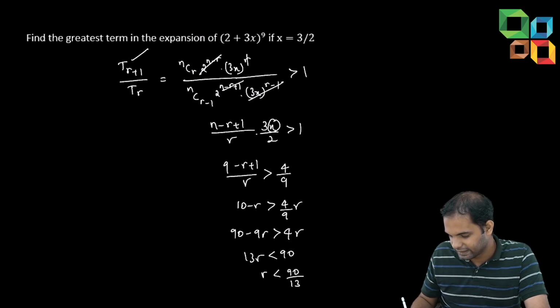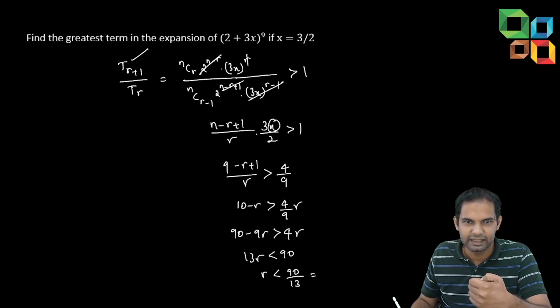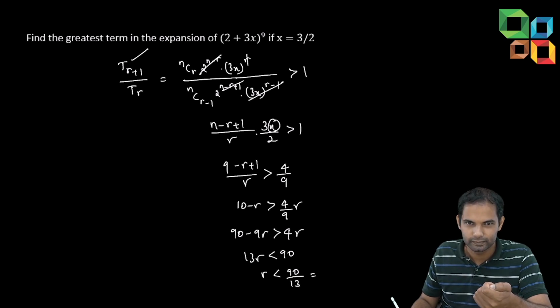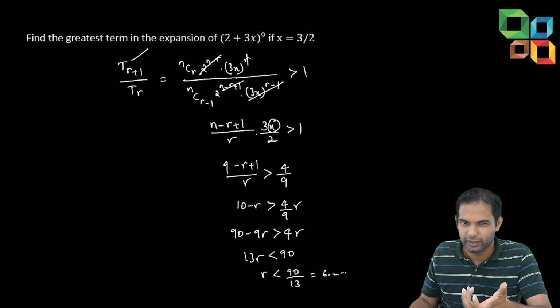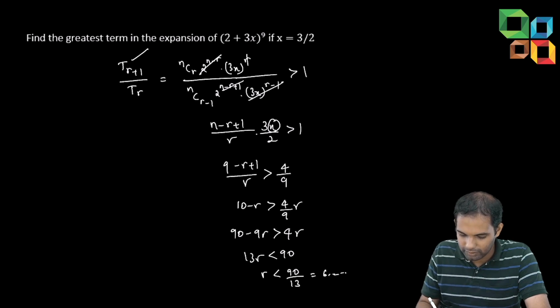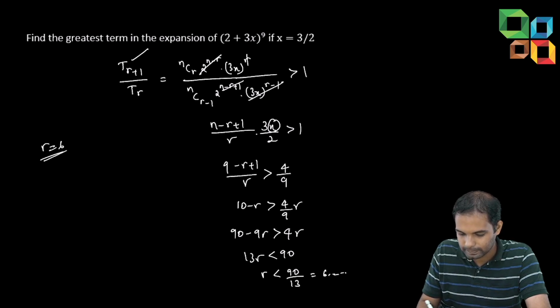This is approximately 6 point something, because 13 times 5 is 65, 13 times 6 is 78. If I do 13 times 7, it will cross 90, it will be 91. So what we want is this value. It's 6 point something, we did not even need to find the exact value. So what can r be? r should be equal to 6.